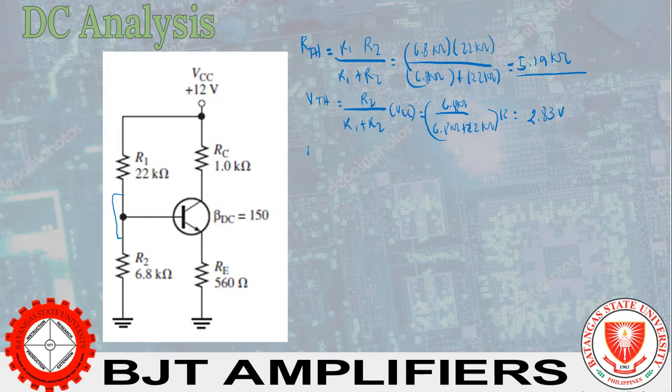Okay, so, si IB ay equals kay, or so, shortcutin na lang natin, VTH minus VBE over 50.